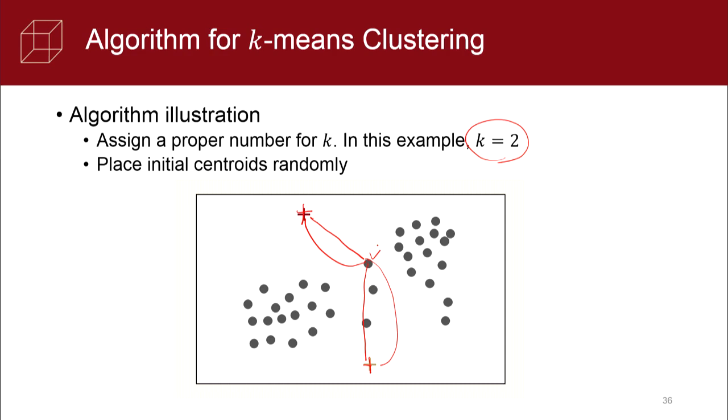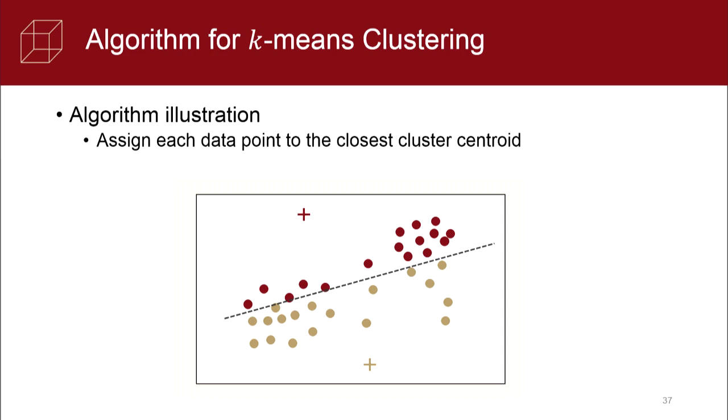Then you assign this data point to the closest centroid. In this case, this data point is assigned to the red centroid. If we keep doing this, we will have this result.